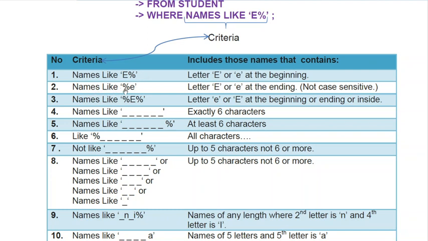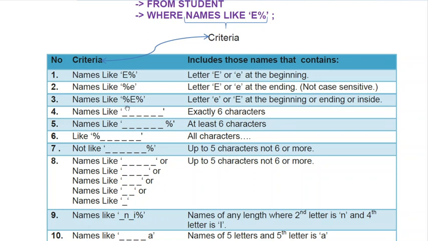Second one, names like '%E'. So percent appears at first, meaning before the specified letter, that is E. It means before this letter there may be multiple letters. So once again there is no restriction regarding the length of the data, but the last letter of the name should be E. It may be capital or small.